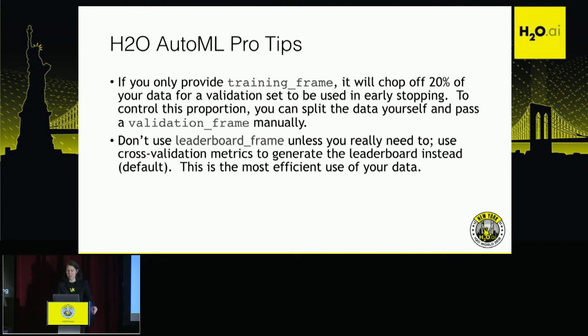Just a warning, don't use leaderboard frame unless you really want to. If you want to score the leaderboard on a specific data frame, you can do that. But what we would recommend is to just not use that. Use the default, which is we would use cross-validation metrics, because that way you make the most use out of your data.